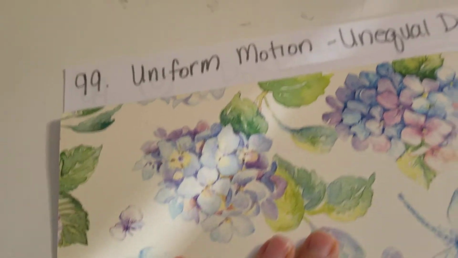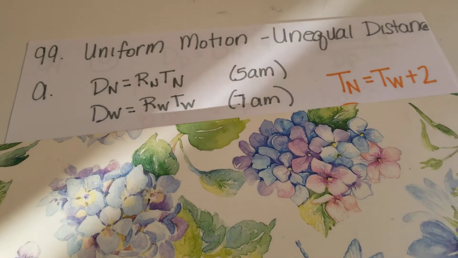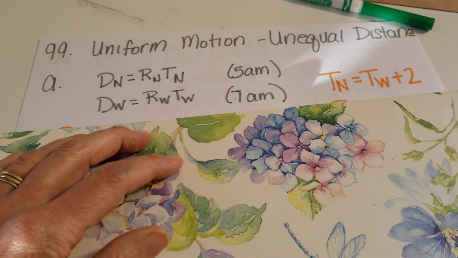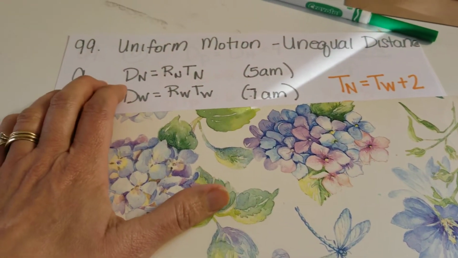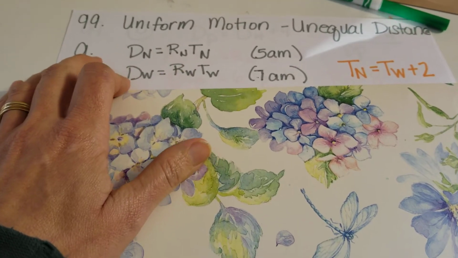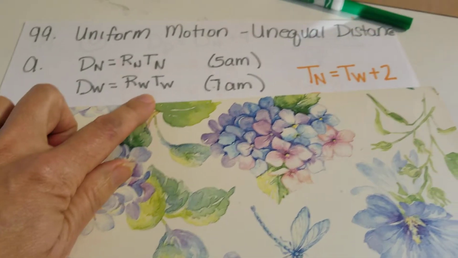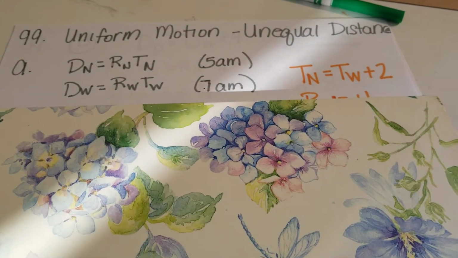So uniform motion, unequal distances. At first I just write down a bunch of what I know. So the distance of Napoleon is equal to R of n, T of n. Distance of Wellington is equal to R of W, T of W. I wrote when they started driving.